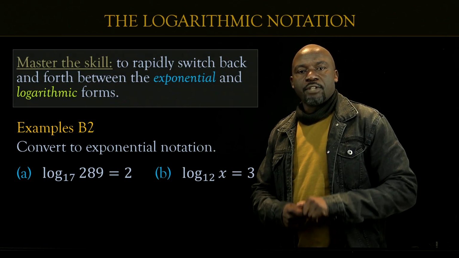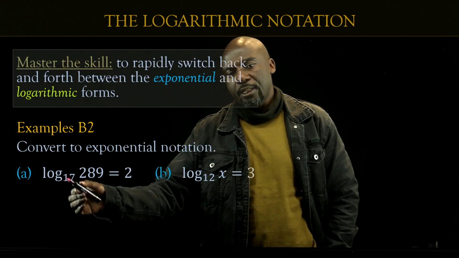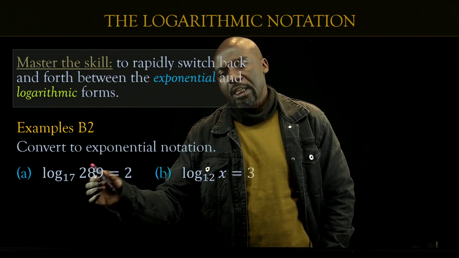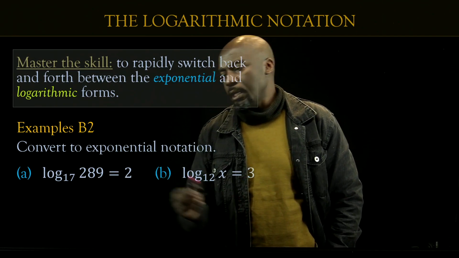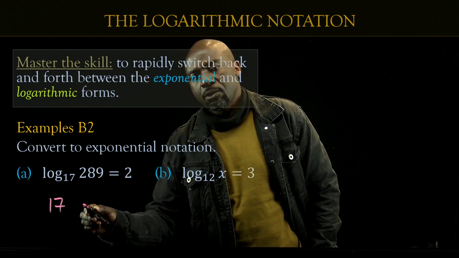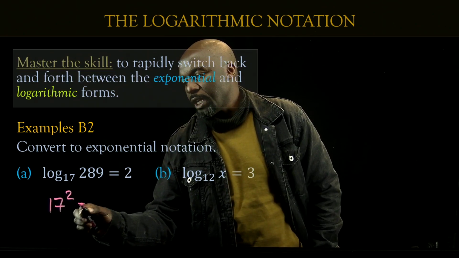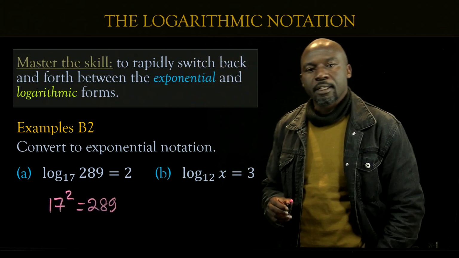Okay, assuming that you've done so, once again, we go to the base, and our base there is 17, so we'll write 17 to the power of 2 must be 289. So, for this question here, 17 to the power of 2 must be equal to 289, like that.